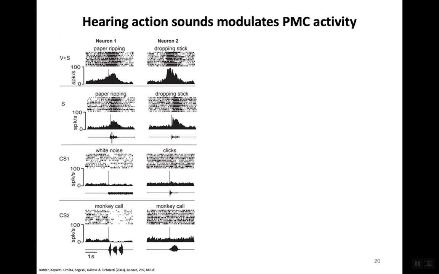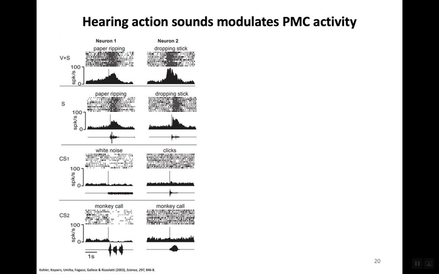However, this is also not quite true, because if the monkey hears, let's say, another monkey call, so that might not necessarily correspond to an action, but it is certainly a socially relevant and meaningful signal, then the first neuron shown here does not exhibit an increasing firing rate, but rather an inhibition of firing. While in response to a monkey call, this other neuron shown here exhibits no apparent increase or decrease in the firing rate.